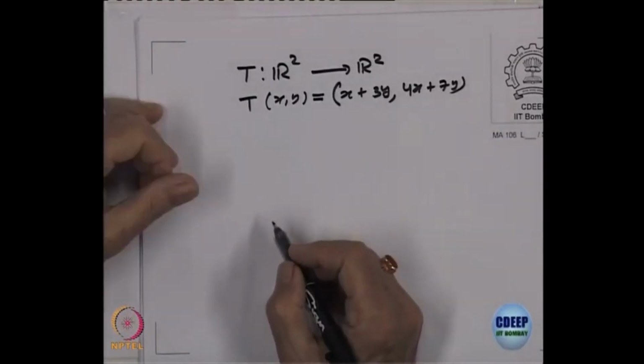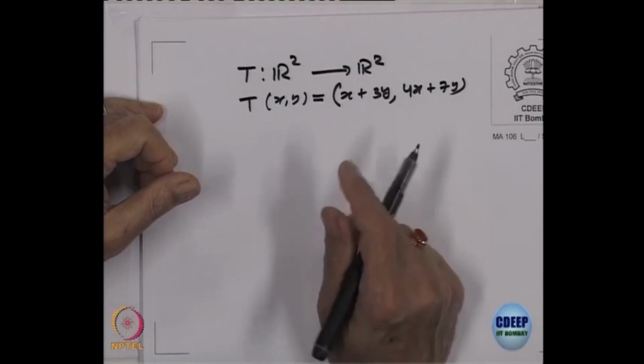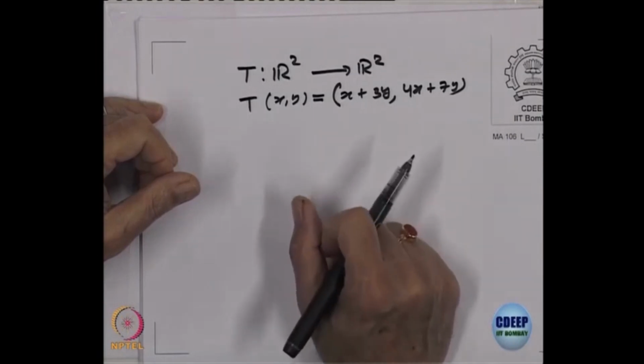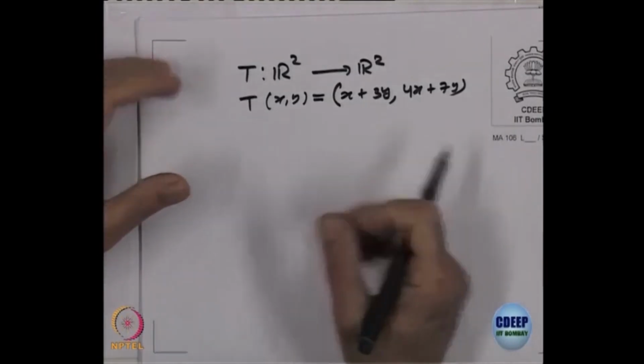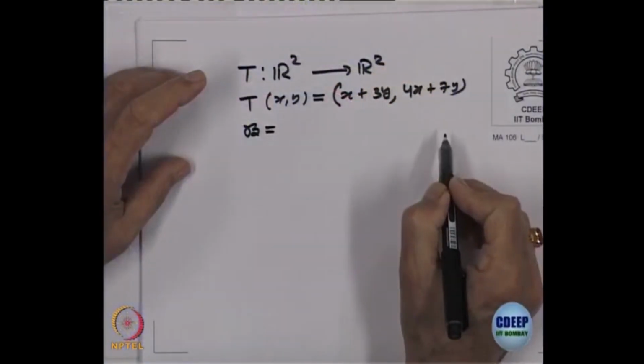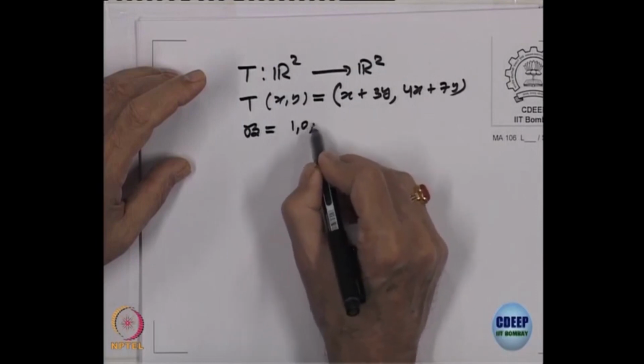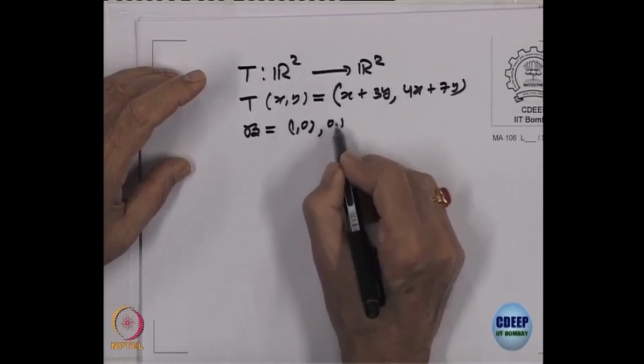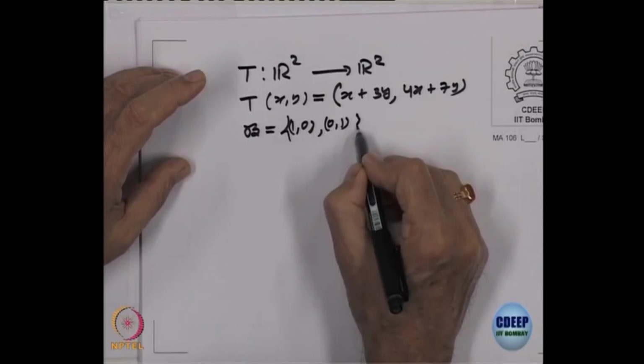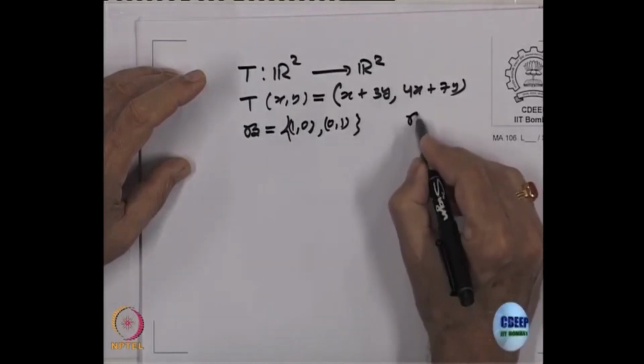So if I want to compute the matrix, what do we have to know? We have to have a basis on the domain and a basis on the codomain. For simplicity, let us take the standard basis on both. On the domain, the basis is (1, 0), (0, 1), and the same basis on the codomain.